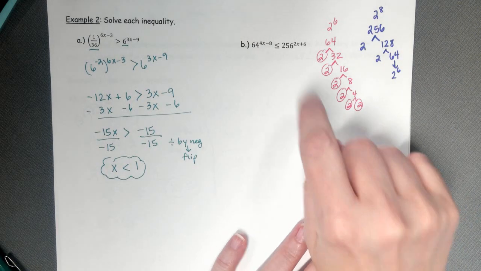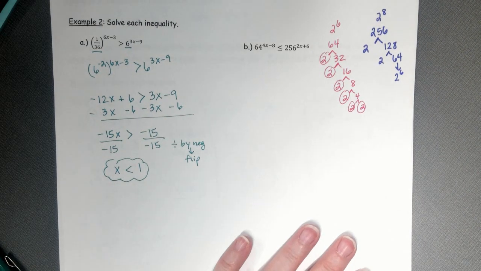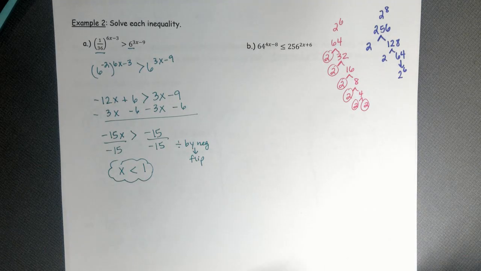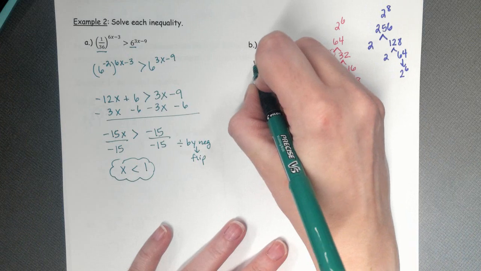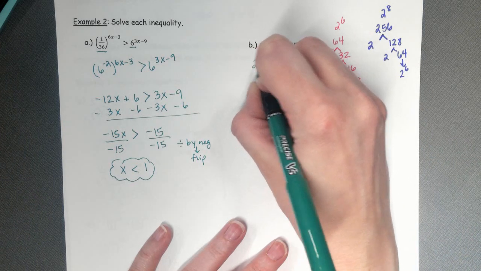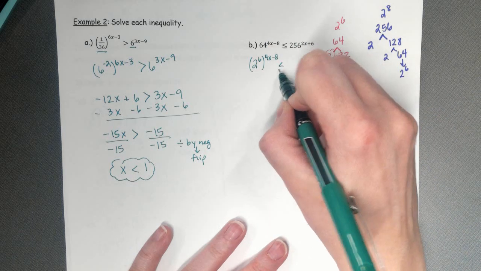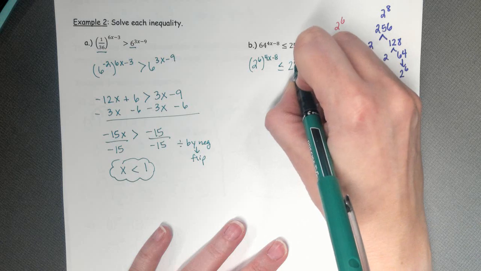Isn't that so much easier than trying to guess and check and see which one is which? Maybe for some of you, yes. Maybe for others of you, if you know what those are. So I'm going to rewrite this as 2 to the 6th, and then 256 would be 2 to the 8th.